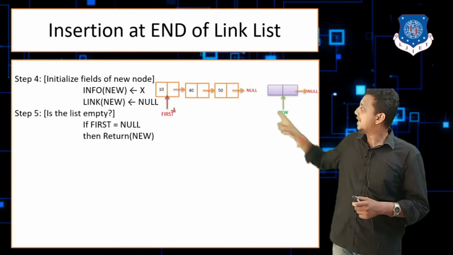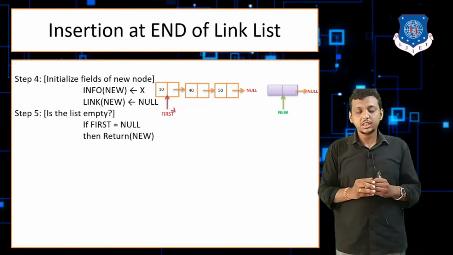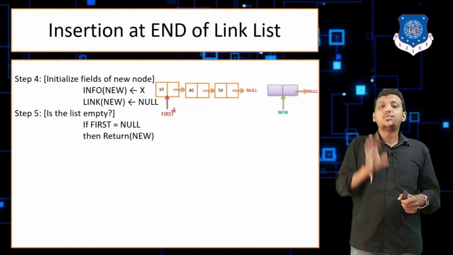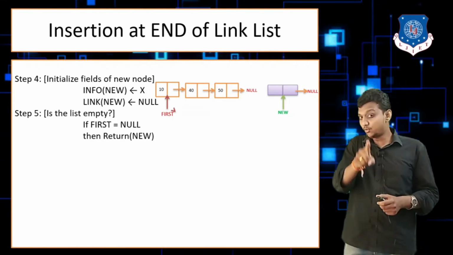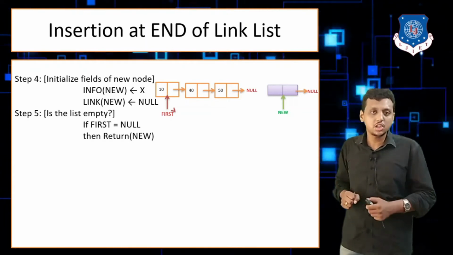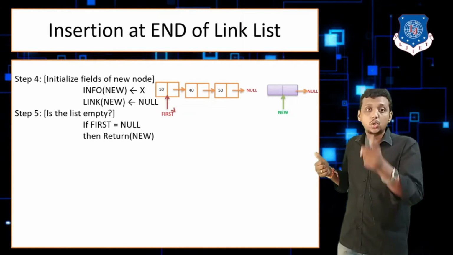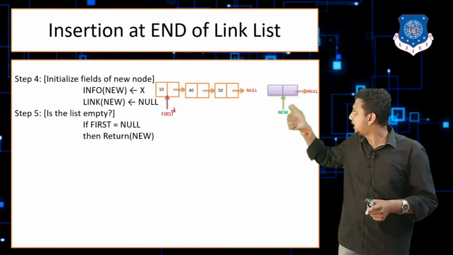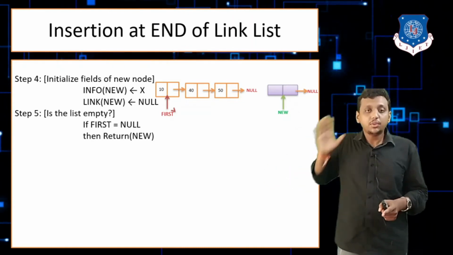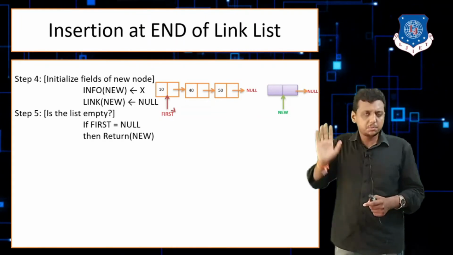And 10 is my first node, that's why the first pointer is pointing at 10. So what to do, students? I want to insert my new node at the last of the linked list. Correct or not? Now see, it's 10, 40, 50, and after 50 my new node must be inserted.